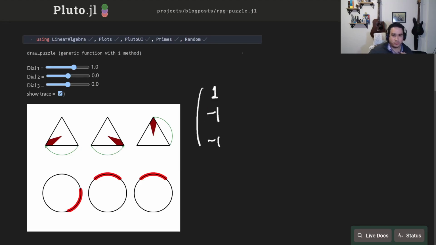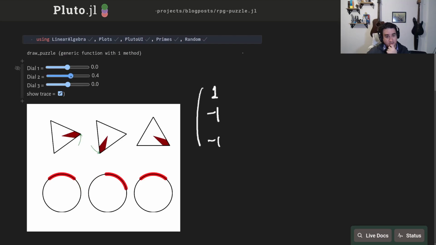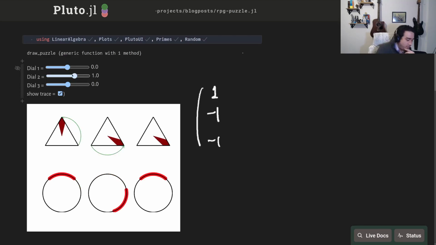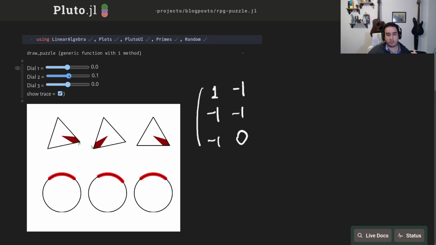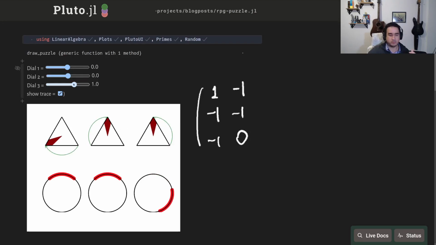When you move the second dial, you're moving -1, -1, and 0. Okay, so going back is negative, going counterclockwise is negative, and the third one is 1, 1, and -1.